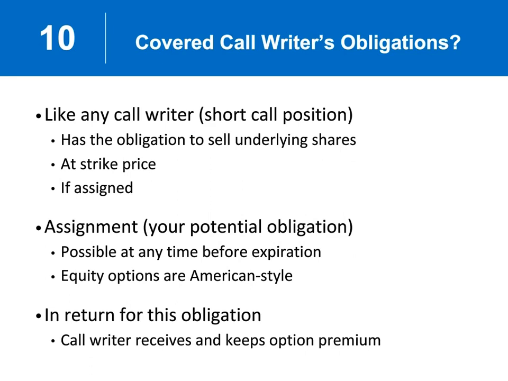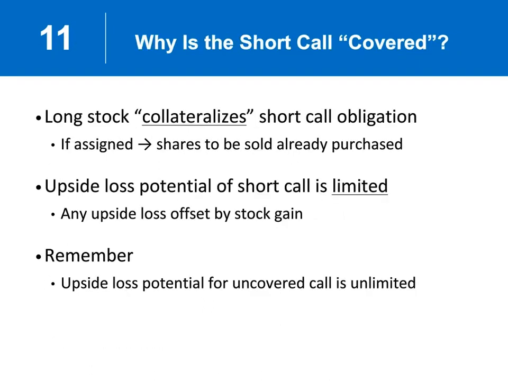If the premium in the option is greater than the amount of the dividend, then you can expect assignment. So those are really the two times when you can expect to be assigned. Occasionally it happens by surprise, but really, that's an exception. So again, in return for the obligation of selling the stock at the strike, the seller takes in option premium.